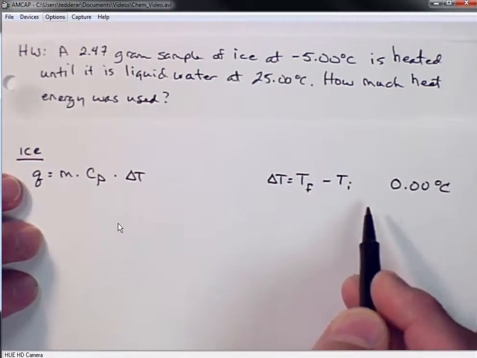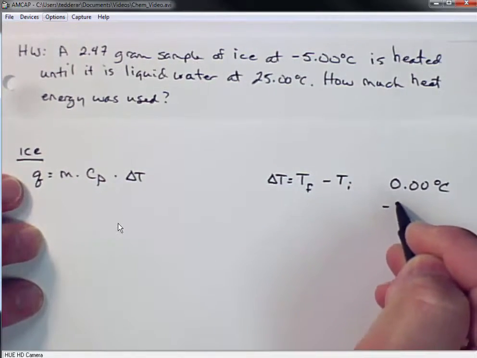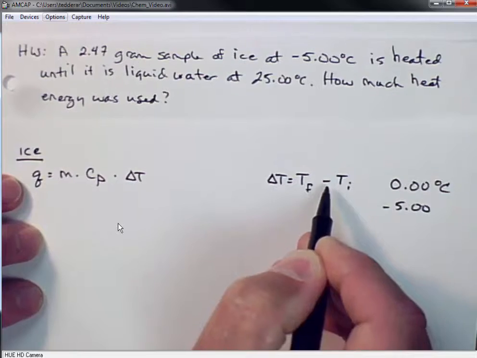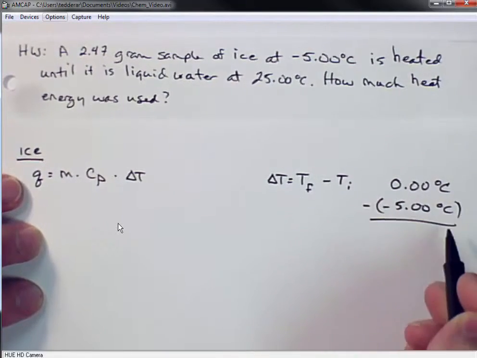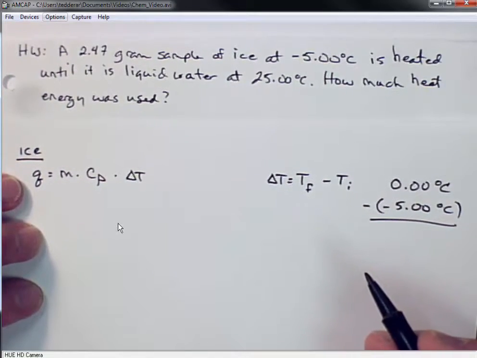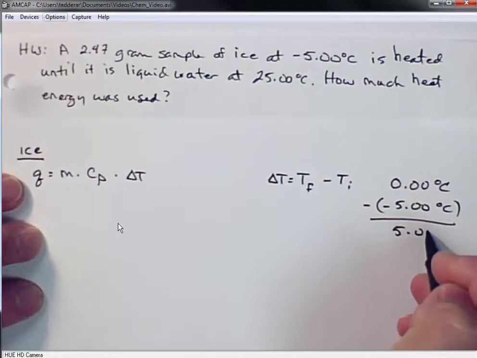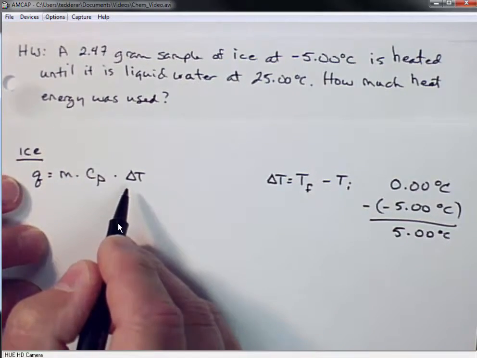And so the initial temperature is -5 degrees. So we're going to have a -5 degrees, but we're subtracting that. Okay? So it's minus a -5 degrees C. And when you subtract a negative number, it's often thought of in math as adding. And so we get 5.00 degrees C. It's a positive number.